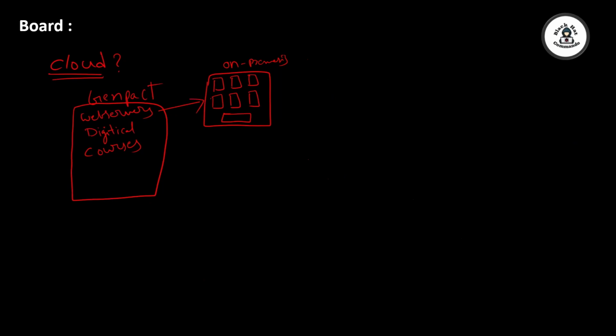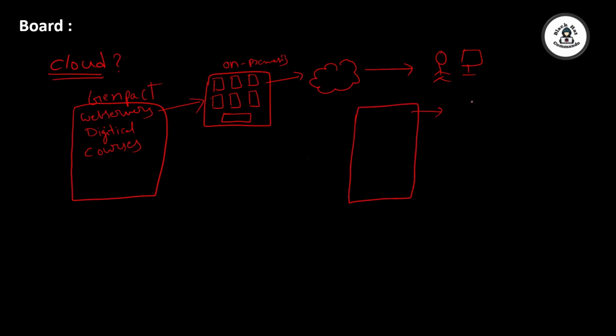From the on-premises server, it was connected to the internet, and users connected to your sites this way before cloud existed. Now, what are the drawbacks? Let us assume this is a server.